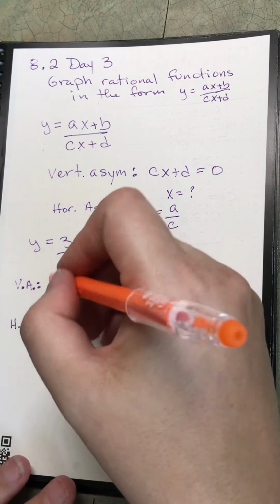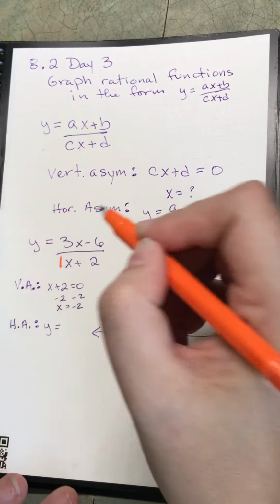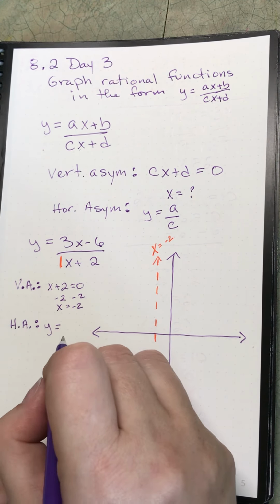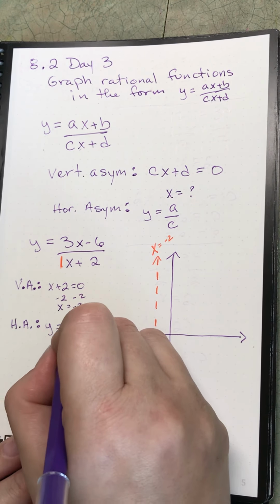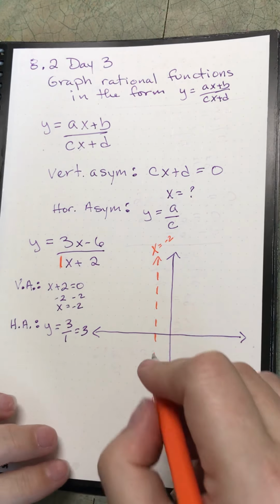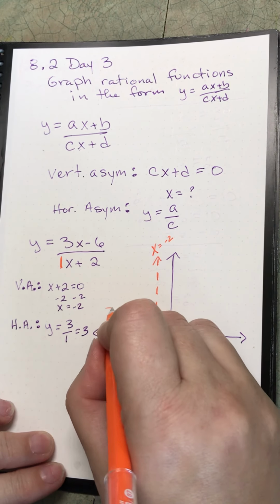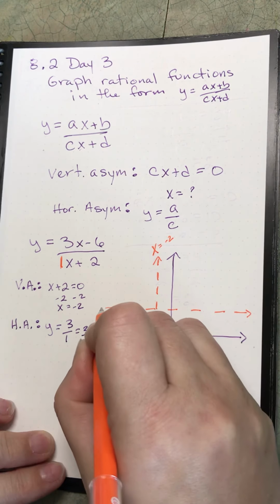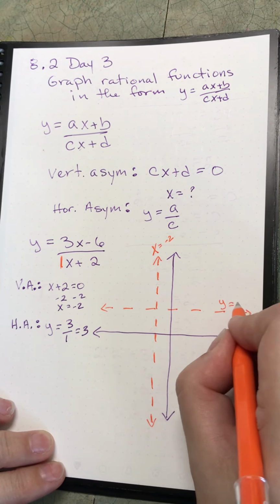In this case, my c is invisible, but remember we have this invisible 1 right here. So y equals 3 over 1, or just 3. So I'm going to go ahead and sketch that in. Y equals 3.